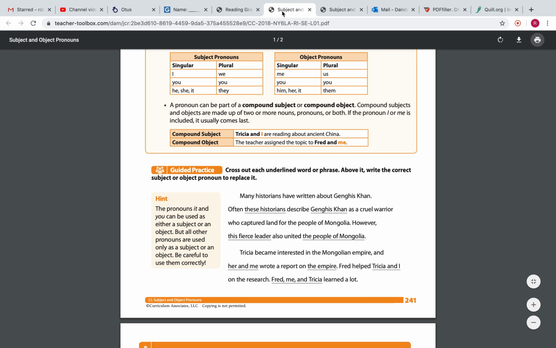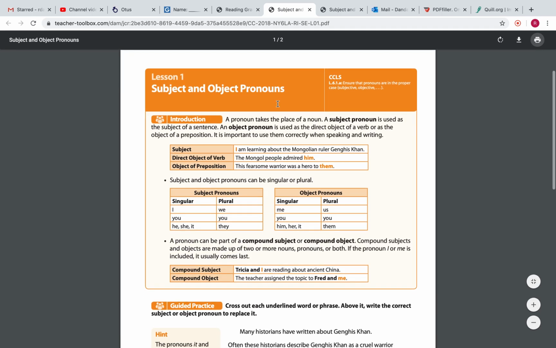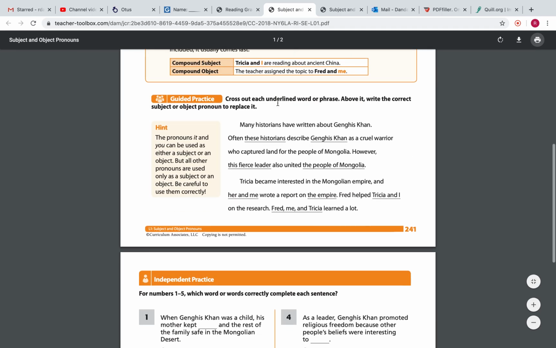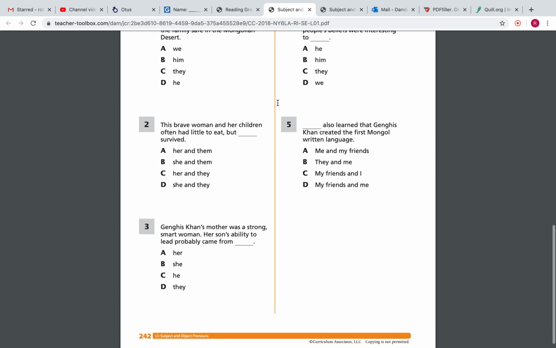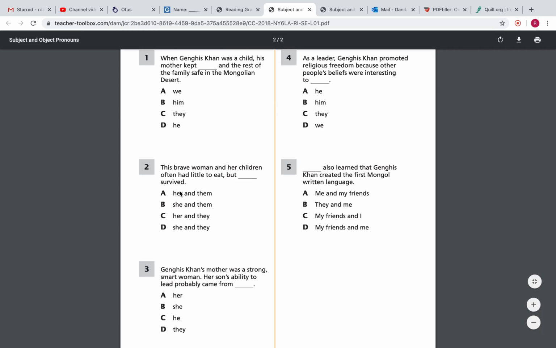And for your classwork, you are going to do questions 1, 2, 3, and 4, where you're simply choosing the subject or object pronoun that is grammatically correct to fill in the blanks. Your exit ticket is going to be number 5.